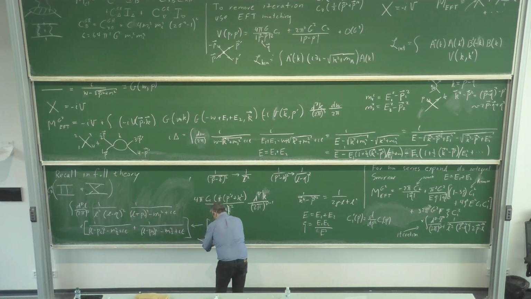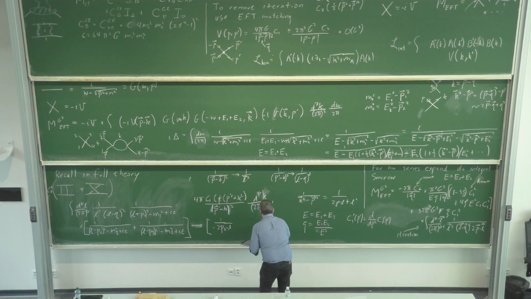So this just becomes 1 over minus 2 P2 dot L, plus higher order in L, and I'm keeping order L to the 0.